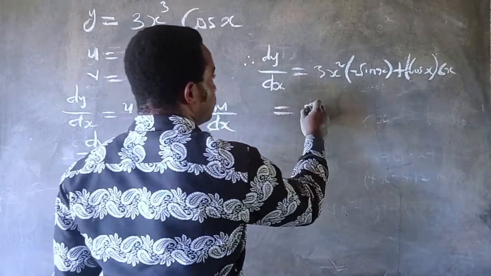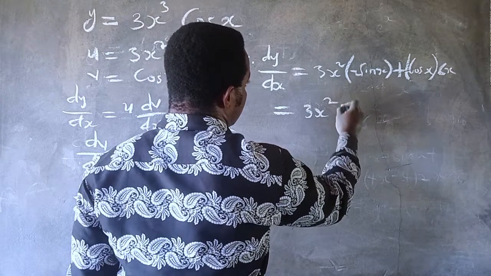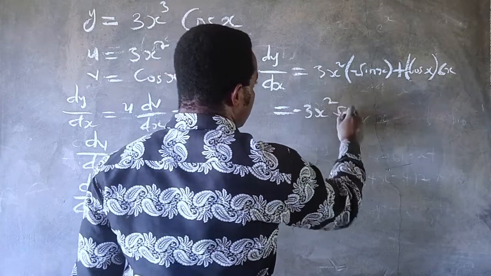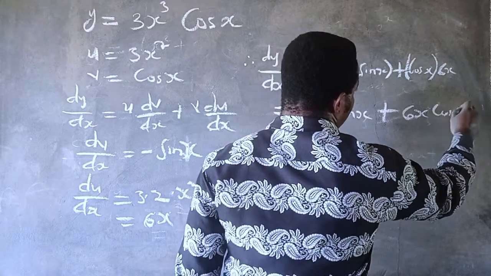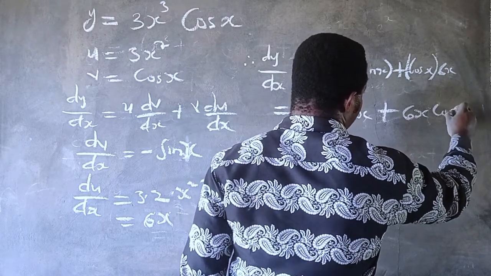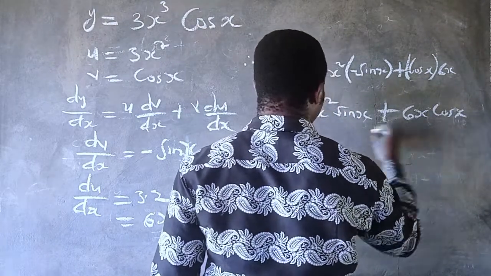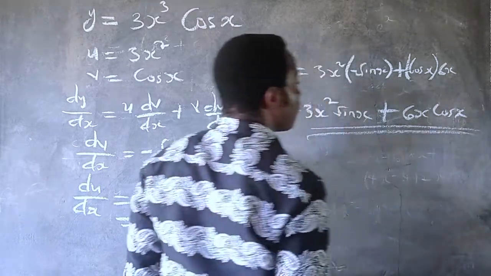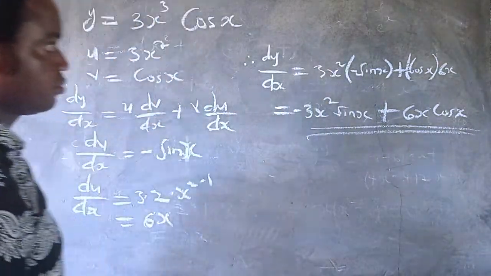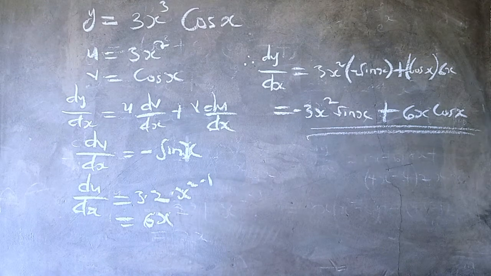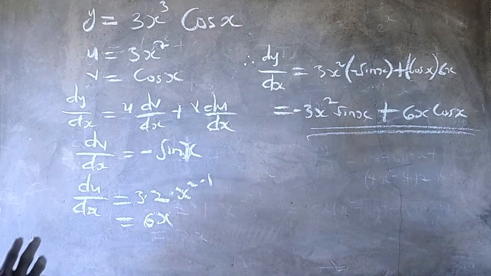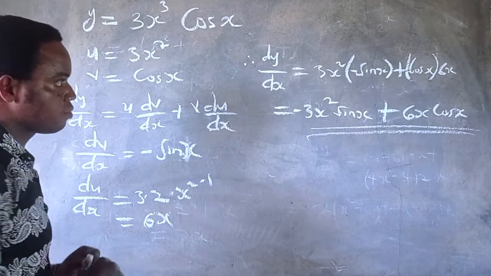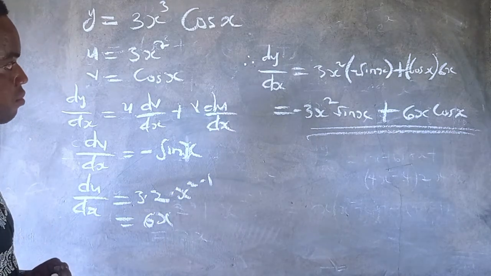And let us write that in a more comprehensive form. So 6x into cos x. And there you have it. That is the derivative of that function. So you will notice in these examples we have product of two functions.